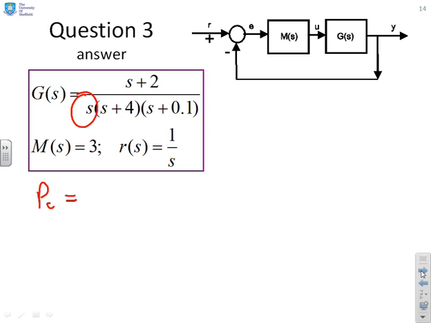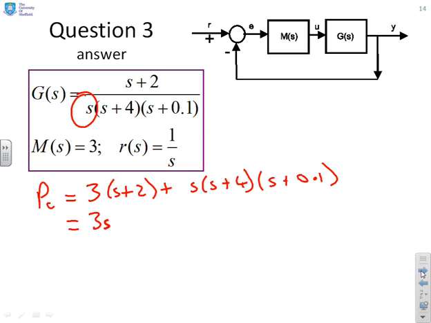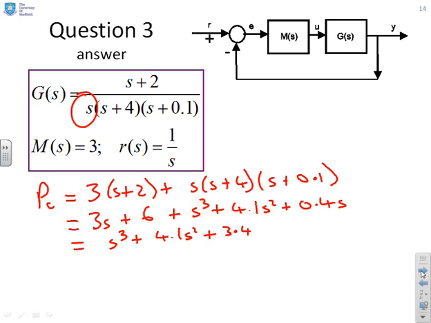The closed loop pole polynomial is 3(s+2) + (s+4)(s+0.1)s, which gives me 3s + 6 + s^3 + 4.1s^2 + 0.4s, and joining common terms, s^3 + 4.1s^2 + 3.4s + 6.